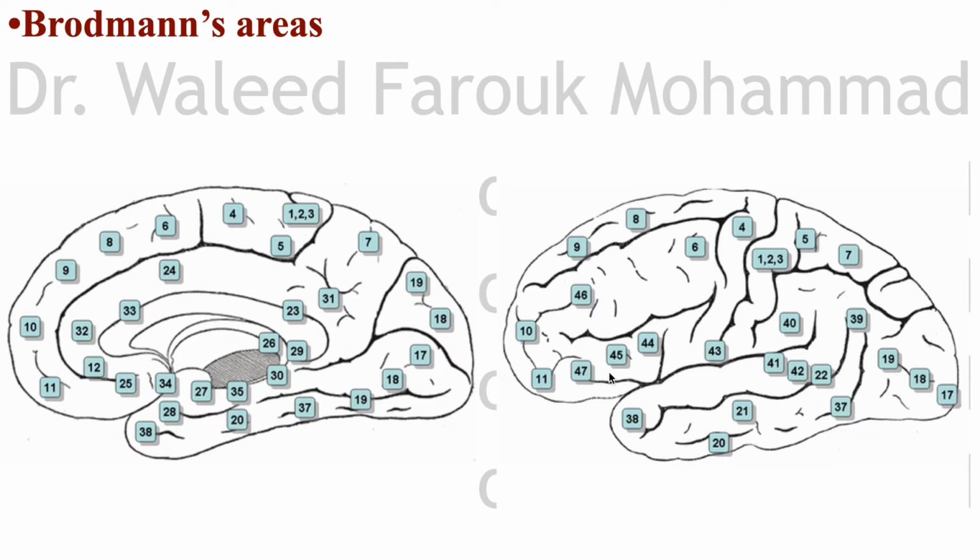This is called the Broca's area. Area 41 and 42 are the primary auditory area. Okay, and area 20 here, the old name of it was a silent area because its function was unknown, but now the function is known, and it's related to memory and is connected to the limbic system.